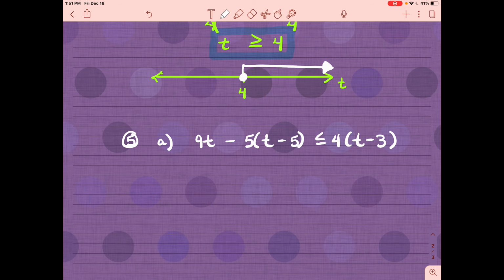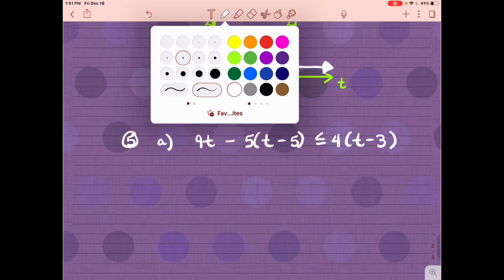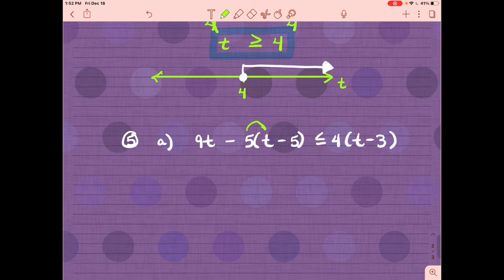So I need to kind of unravel this and get these t's freed up from their parentheses. So I'm going to be using the distributive property here and here. So let's unravel this. 9t, and this is a negative, so I'm going to let that negative stay with the 5.